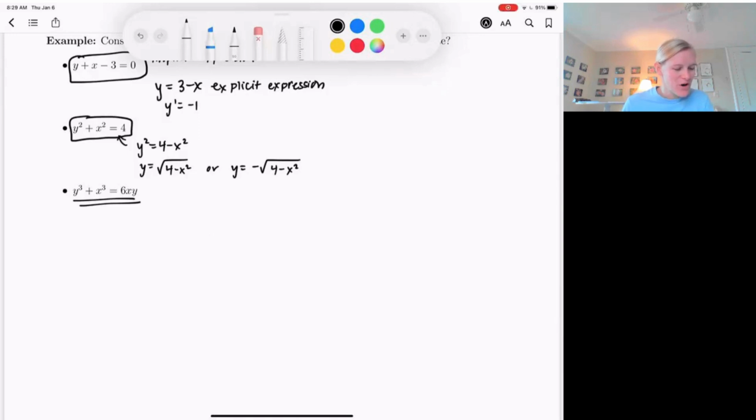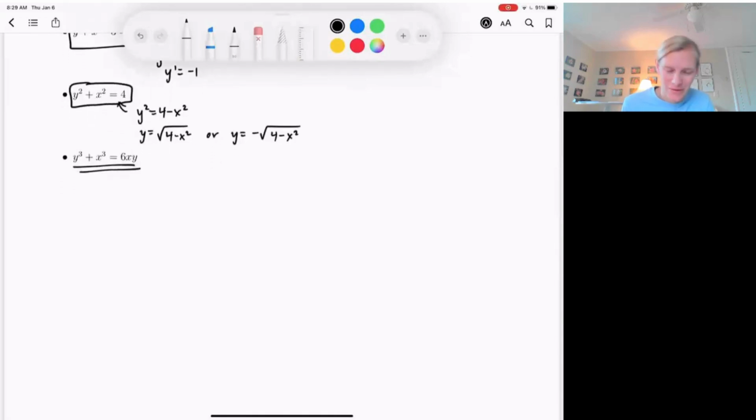Okay, so let's think about how we do this. Let's start out, and we're going to do this for this example, but only this example. Then we'll figure out how to do this without quite so much work. By writing this implicit expression, we are implicitly thinking that y is some function of x. We could call it f of x, but it's a little nicer if we call it y of x for later on. So I'm going to rewrite this whole expression, just replacing y with y of x.